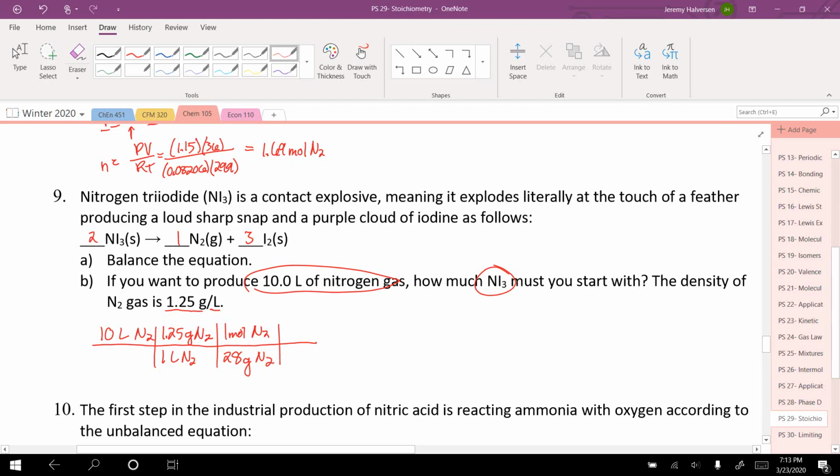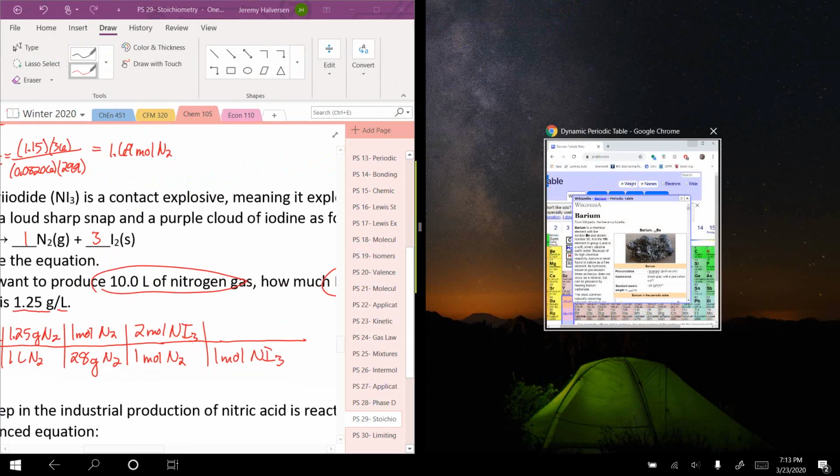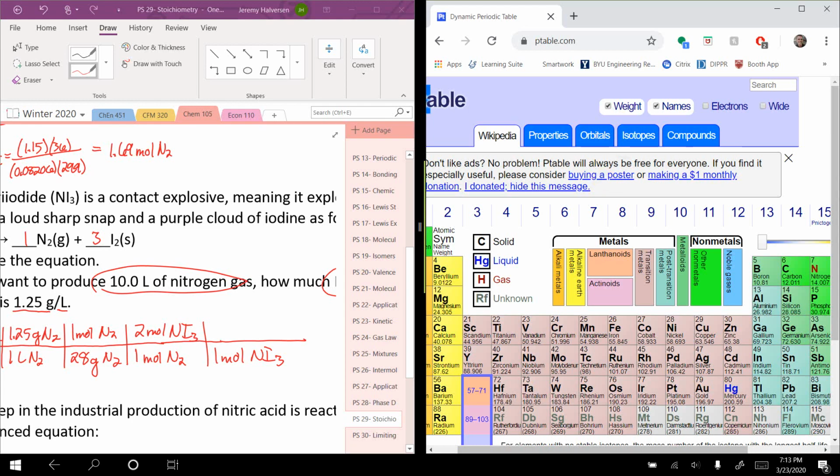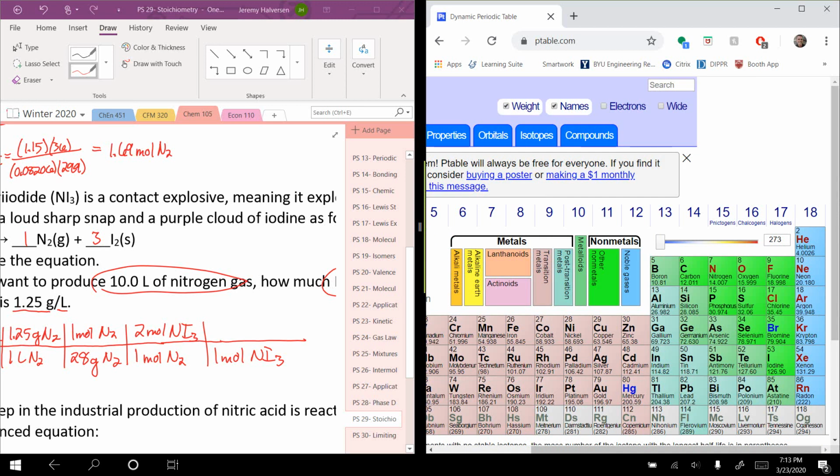And now that I'm in moles of N2, I can apply this equation. The equation tells me 1 mole of N2 comes from 2 moles of NI3. And just for the heck of it, in this case, let's go all the way to grams. So 1 mole of NI3 is going to weigh, nitrogen is 14.007 plus 3 iodines, 126.9.